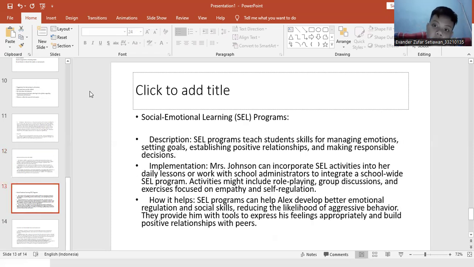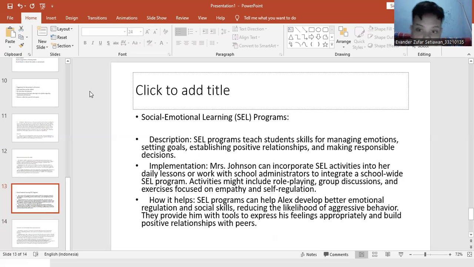Social emotional learning, or SEL program. SEL programs teach students skills for managing emotions, setting goals, establishing positive relationships, and making responsible decisions. Implementation. Mrs. Johnson can implement SEL activities into her daily lessons or work with school administrators to integrate a school-wide SEL program.